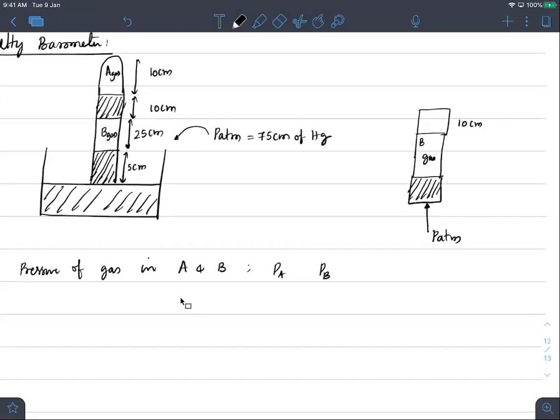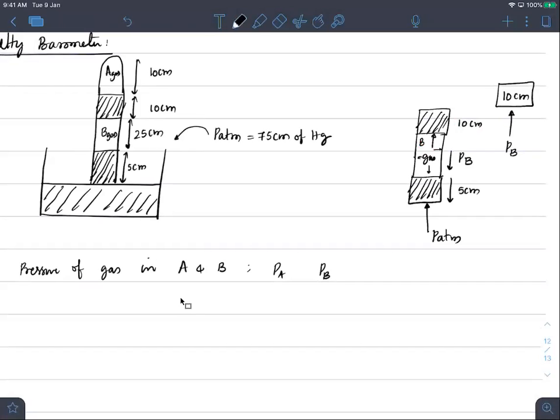And that atmospheric pressure is being balanced by this mercury column, which is 5 centimeters, and it is balanced by the pressure of the gas, which is the pressure of B gas. And this 10 centimeters of mercury has no influence. Why? Because the gas will act with equal pressure in all directions. So the pressure of the B gas is also balancing upwards whatever the 10 centimeters is coming from.